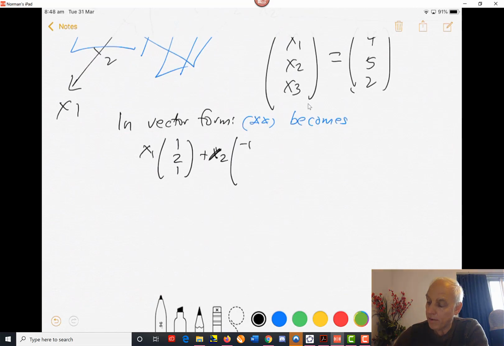So -1, 0, -2. And what about x3? x3 appears with coefficients 1, -1, and 2. 1, -1, and 2. And altogether, that should be the right-hand side, which is cumulatively the vector 1, 3, and -2. 1, 3, and -2.